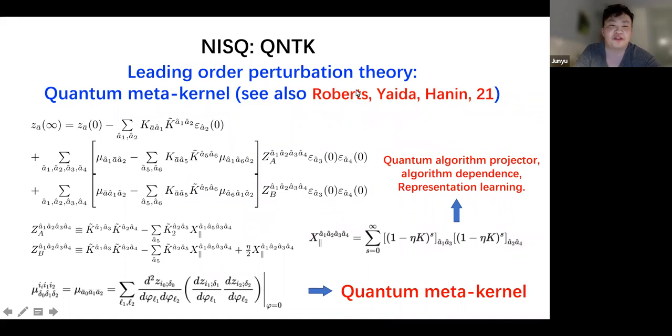If you are doing the perturbation theory, in this case you have to introduce the so-called quantum meta-kernel, which is a second-order derivative of the residual training error instead of the first-order derivative. That's why it's called the meta-kernel. But those calculations are a little hard, so I will leave this for a curious audience. If you look at my paper, you will find some of the related knowledge.